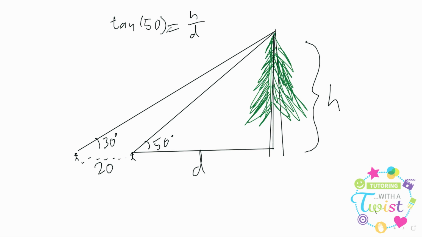And while we're at it, we can also set up, I'll do it in red so it's easier to see, a second larger triangle from our slightly further distance away. So in addition to the tangent of 50 equaling the height over the distance, we also know that the tangent of 30 equals the height over distance plus 20.